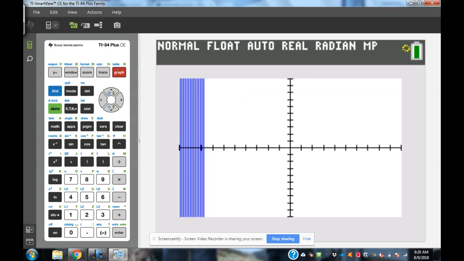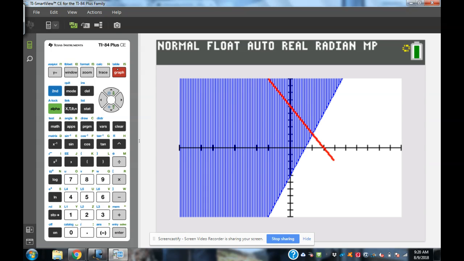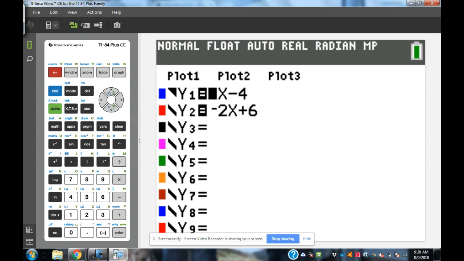And let's look and make sure it graphed it correctly. Right? That's the picture we drew, right? Greater than. Go back to y equals. Go to y2. What was its inequality symbol? Less than or equal to. Okay? The equal to part we can't do anything about with the calculator. We've got to just deal with it. So we need the triangle that's less than, which is the one on the bottom.